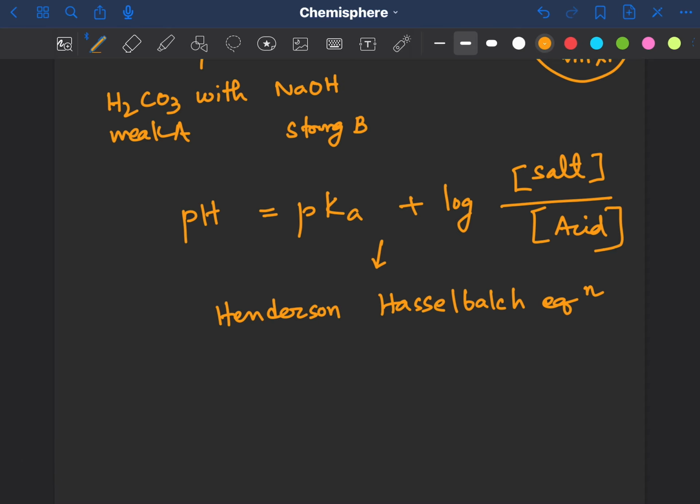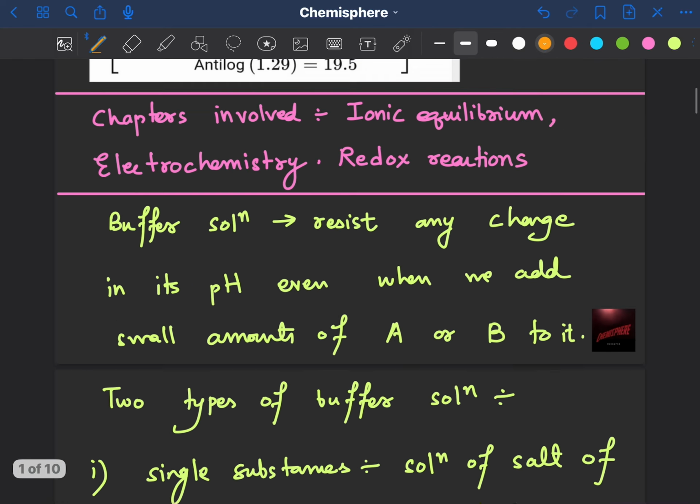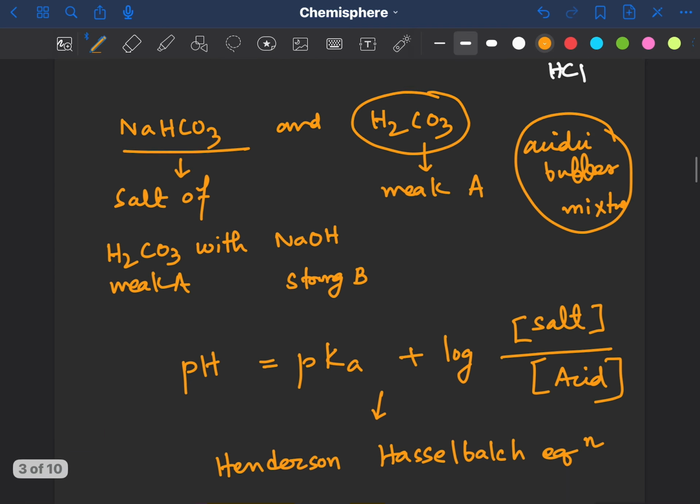In this equation we know a few terms. Let us see what is given to us. If you see the question, X ml of NaHCO3 and 10 ml of H2CO3. Let us write these things down.